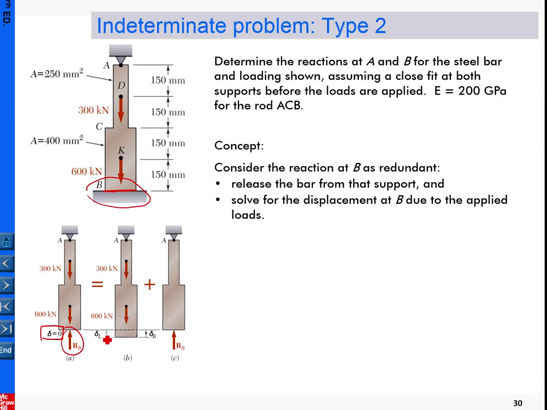Okay, so the deformation delta L is the deformation due to given loading, and this one is being elongated. Because we know that delta must be equal to 0 in the original problem, whatever this subsystem is being elongated must be pushed back by reaction RB to maintain the end no movement.